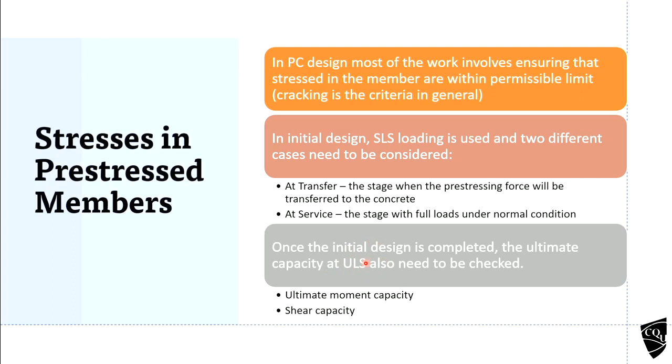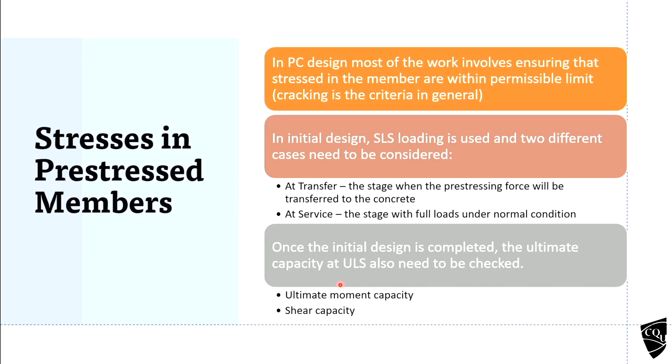So the load combination will differ for the initial design and the latter part of the design. Very similar to what we did earlier: the load combination is different for deflection, and different for bending and shear. But we need to check both.